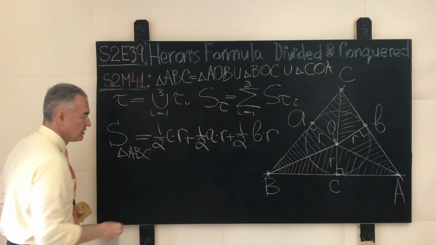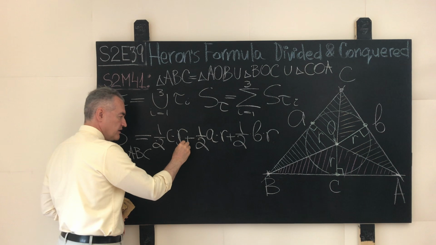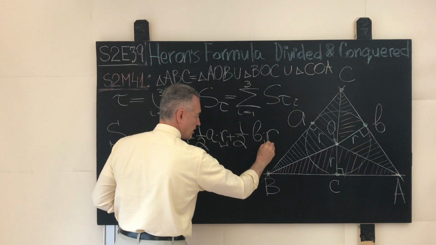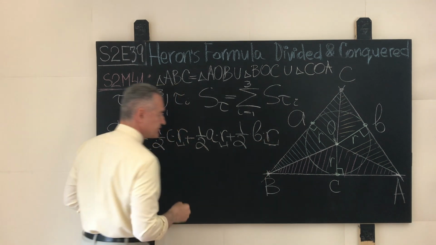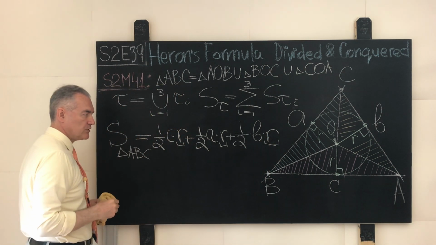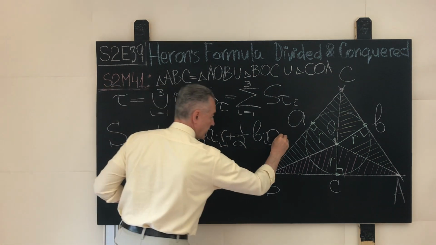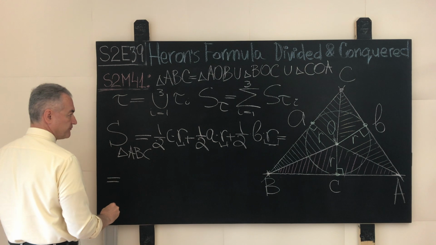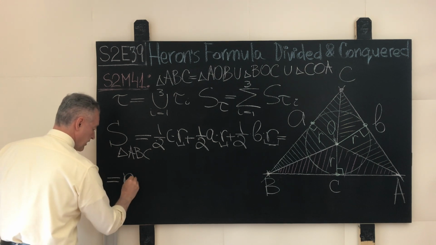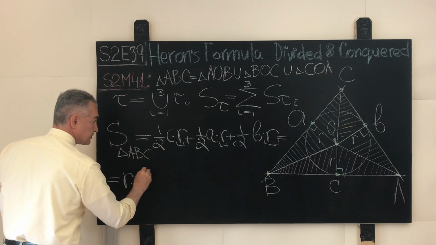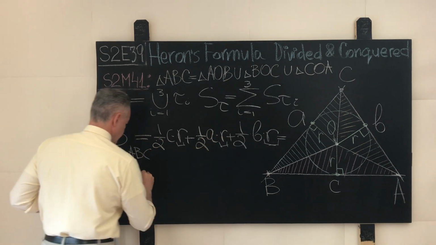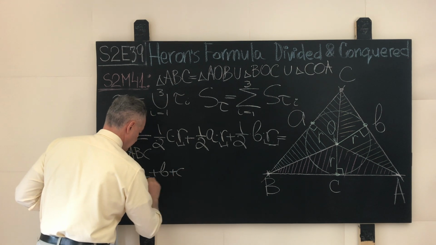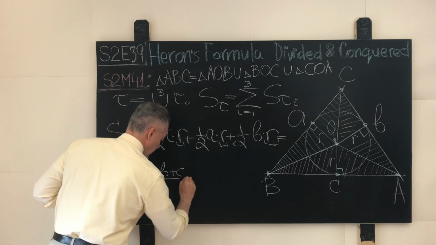And what do we see? We see that precisely the length of the inradius R factors into each summand in the same way, to the first power, positive power, which means that it can be factored out. And what can we write for this formula then? It will be the length of the inradius times the lengths of the sides A plus B plus C over 2. And look at the magic.